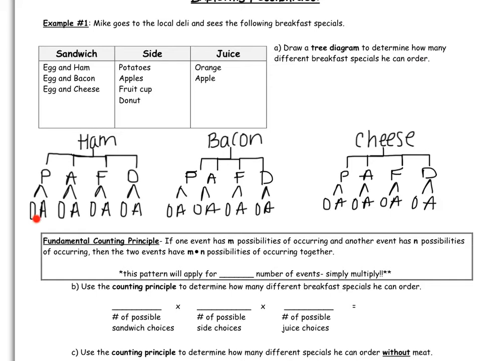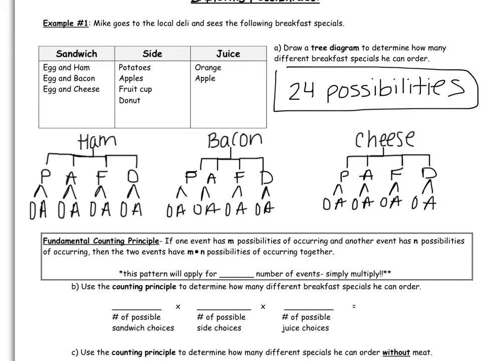So he's got 2 here, 4, 6, 8, 10, 12, 14, 16, 18, 20, 22, 24. So this tells us that there are 24 possibilities.